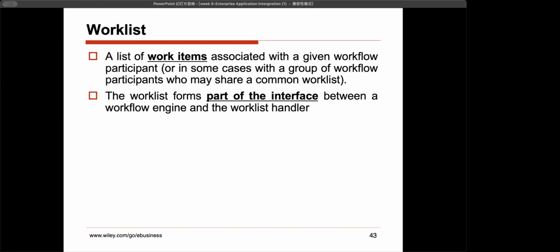A list of items associated with a given workflow participant, or in some cases with a group of workflow participants who may share a common work list. The work list forms part of the interface between a workflow engine and the work list handler.